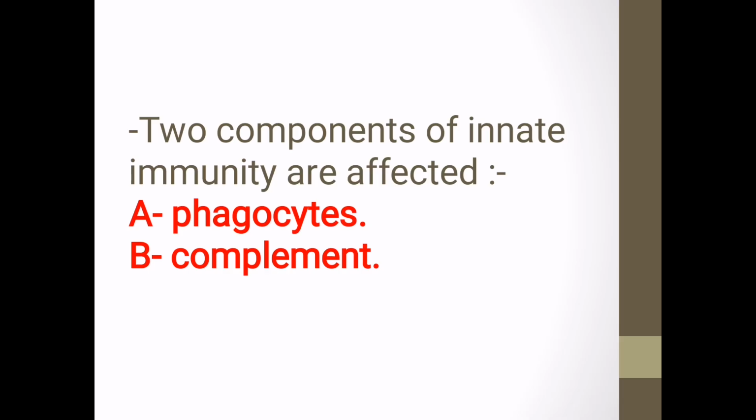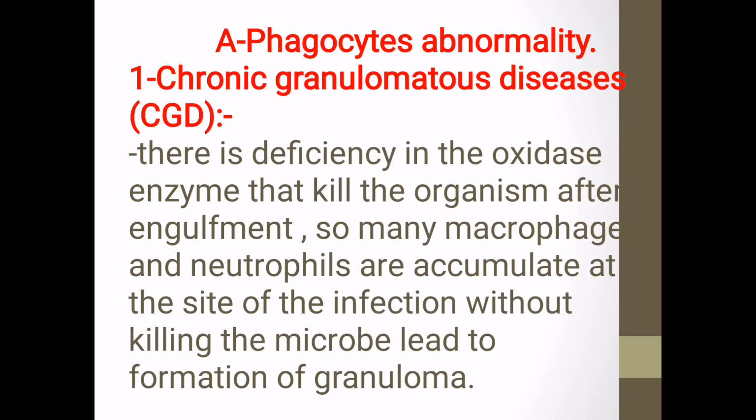They are two components of innate immunity that are affected, either phagocyte or complement system. اوكي طيب phagocyte abnormalities، نشوف الفاجوسايت abnormalities. The first disease is chronic granulomatous disease. It is chronic granulomatous in which there is granuloma.